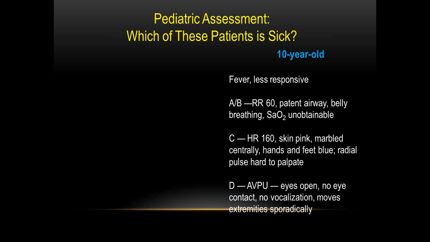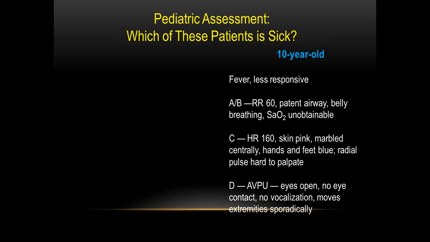Okay. Heart rate of 160, is that normal? Again, what is normal for a 10-year-old? If you look at a 10-year-old, 160 is too high. That's not in the normal range. He's got a high heart rate. He's got pink skin. Yay, that's a good thing. So we found two good things here.